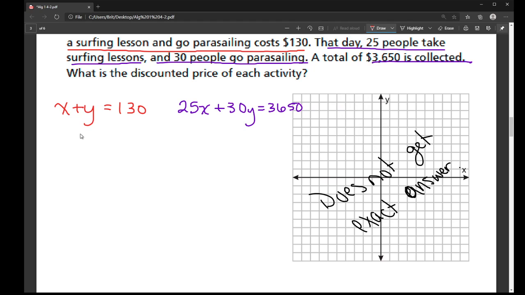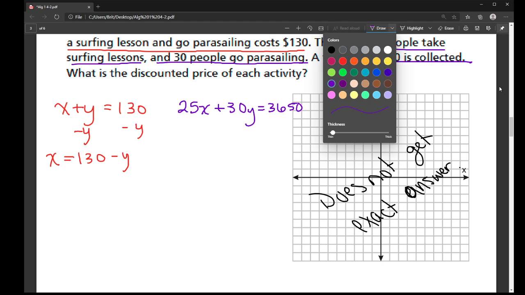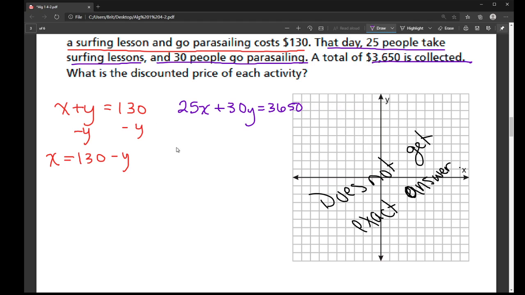I'm going to subtract y to the other side, so I get x equals 130 minus y. Then I'm going to take this purple equation, and where the x is, I'm going to leave a space because I need to write that 130 minus y there.